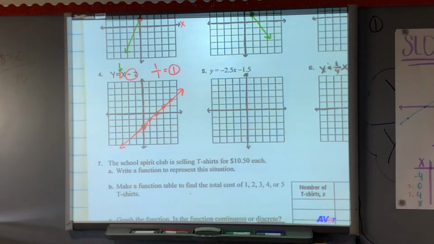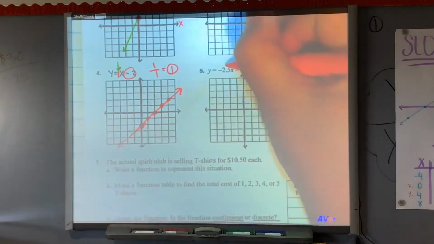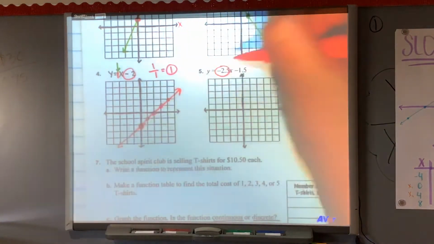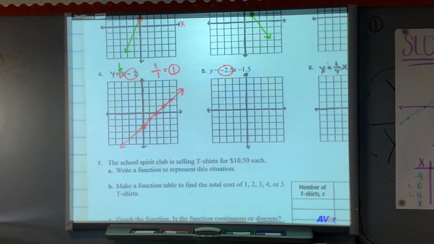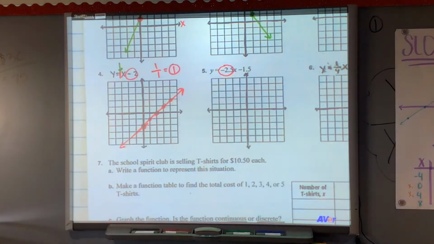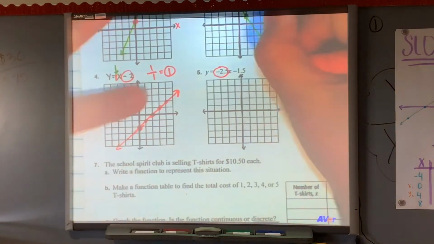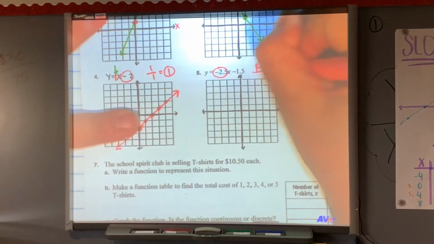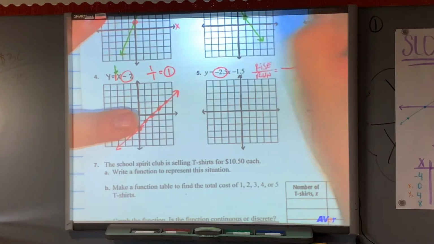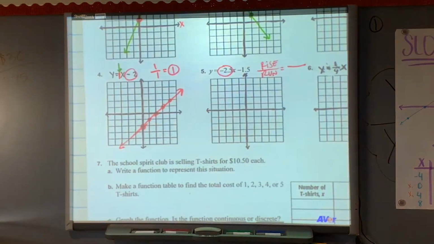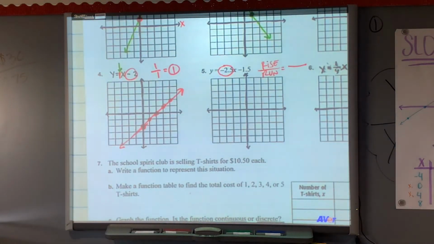Okay, let's move on to number 5. This time I have decimals, so it looks a little funky. I am going to change this decimal back into a fraction. Anytime we have slope, it's a little bit easier to read when we have a fraction like we're used to because we call it rise over run. So -2.5 is the same thing as saying 2 1/2.